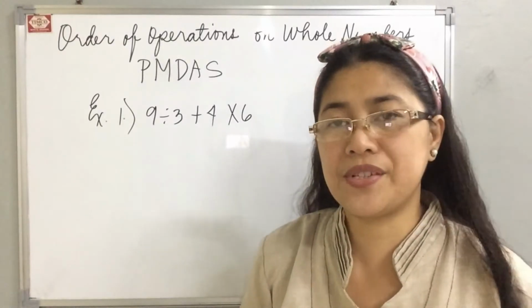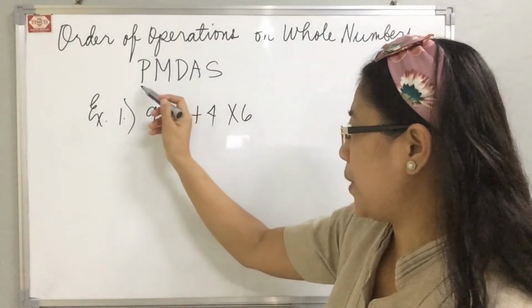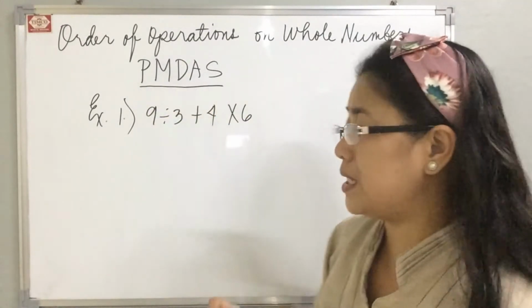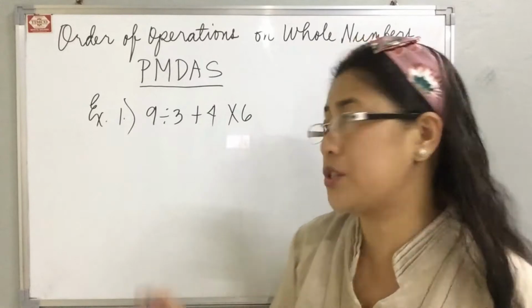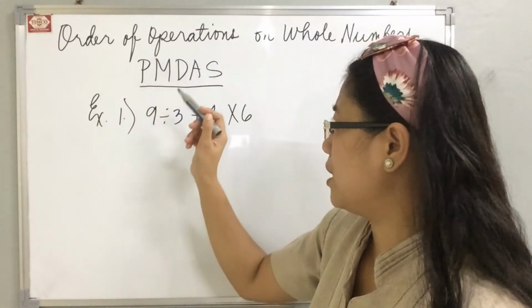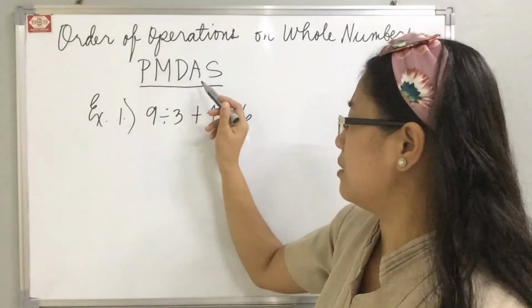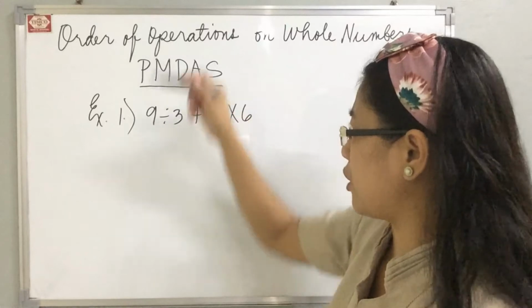Let us have our first example using the PMDAS rule. PMDAS means we are going to solve first what's inside the parentheses, followed by multiplication or division, and addition or subtraction.